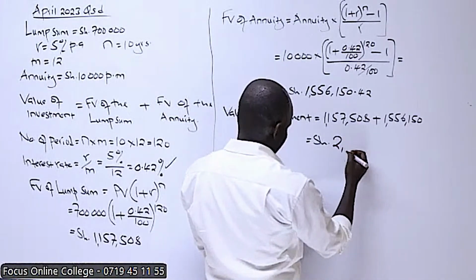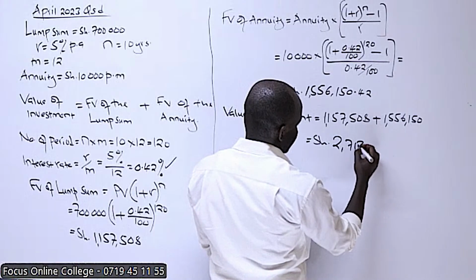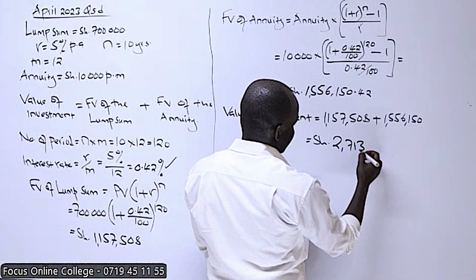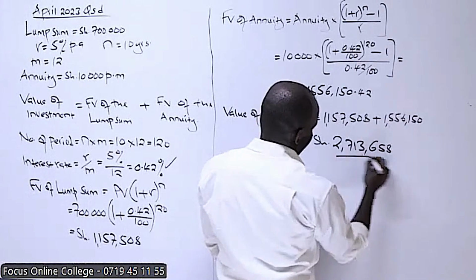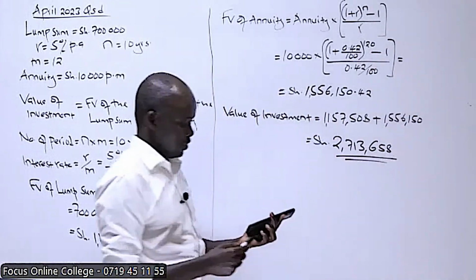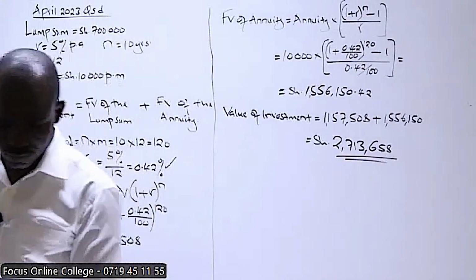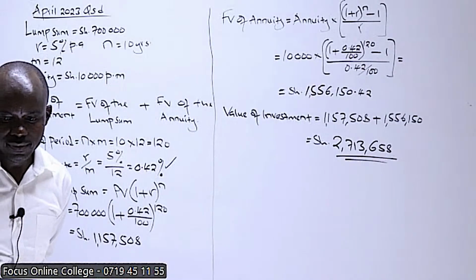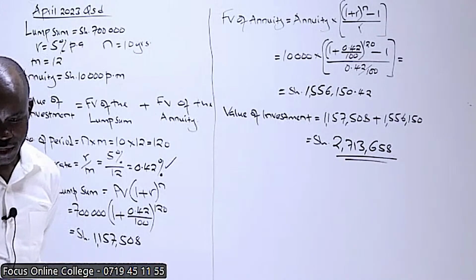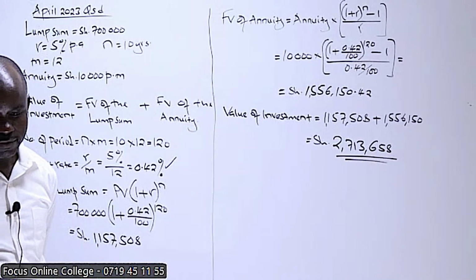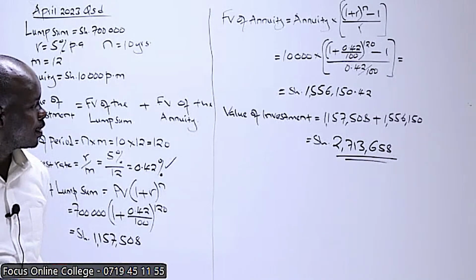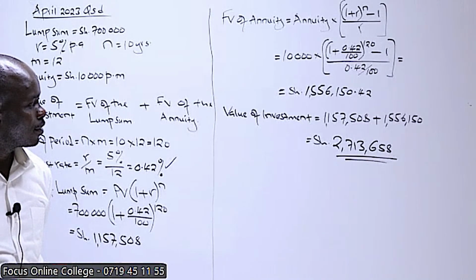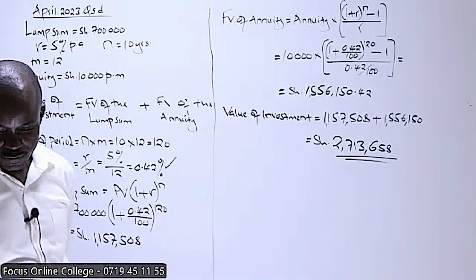So this is 2,713,658. Bernard, why is mine different from yours?